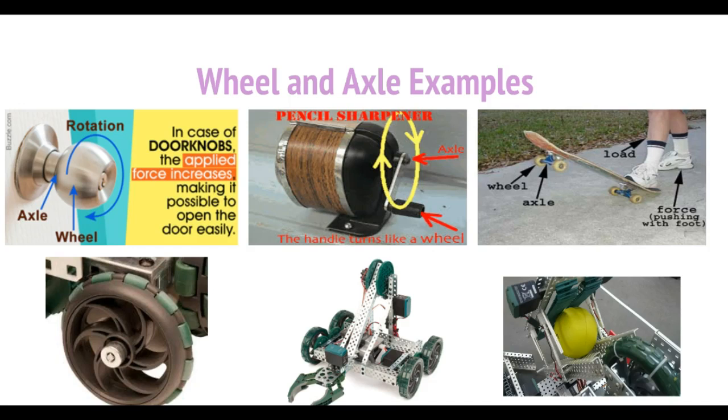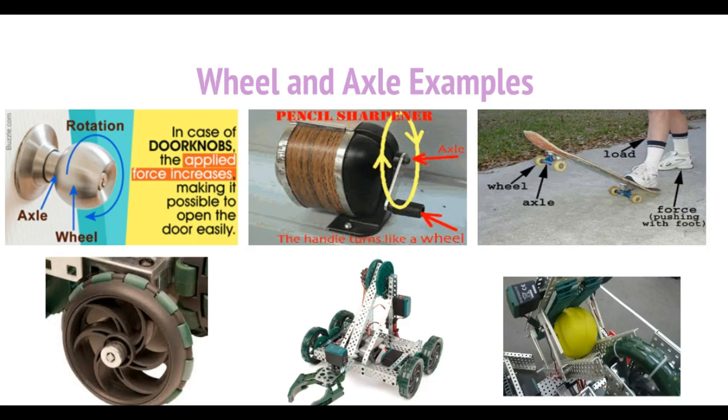All right, so now we have an opportunity to look at some examples of this simple machine, and we're going to talk about how this simple machine can make things easier. Imagine if you had to open a door without a doorknob. You could simply push the door, you could pull the door, you could lift the door. There are a lot of different ways that you could still get into the room.